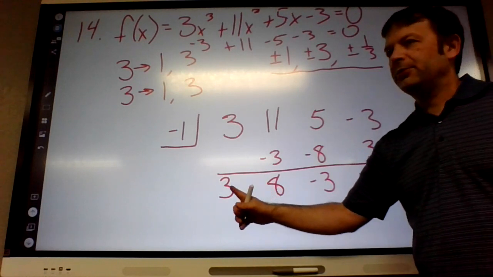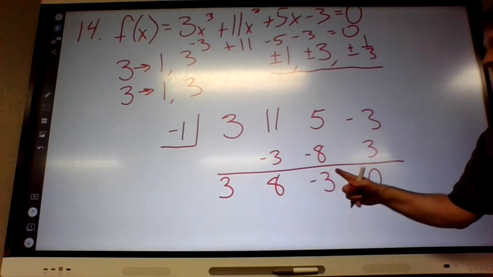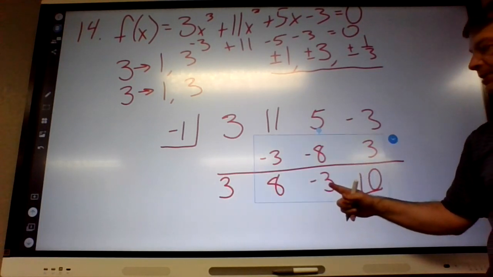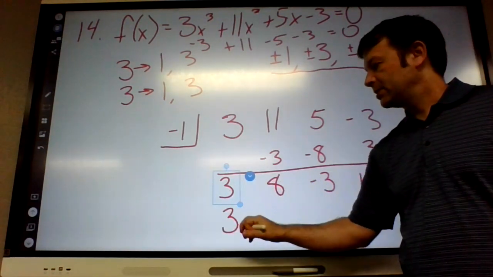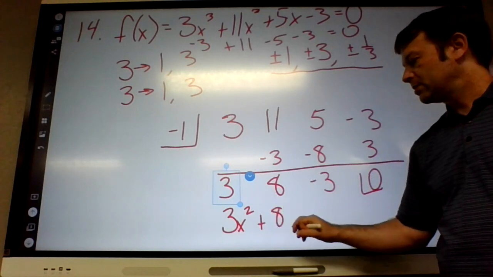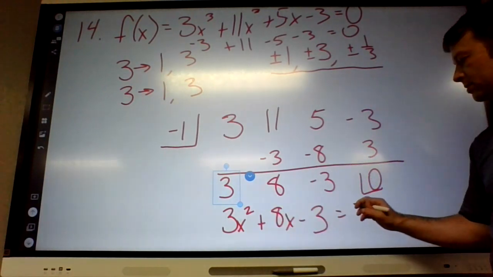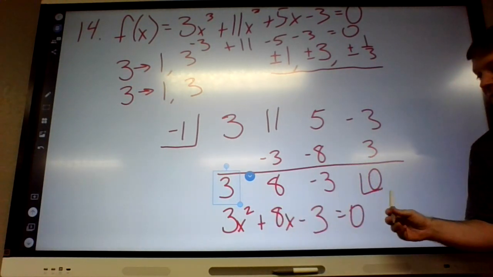Okay, so remember when we divided, that this stands for the number, the x term, and the x squared term. And that stands for the remainder.